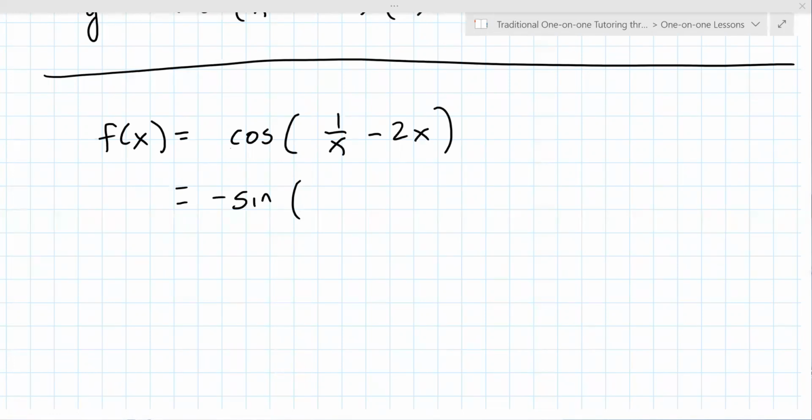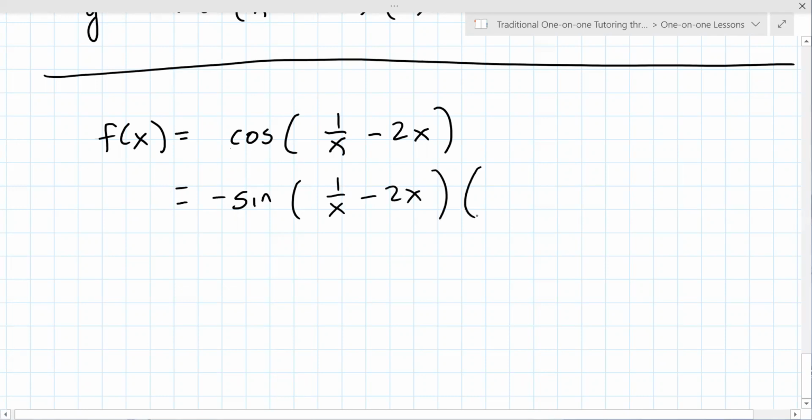Then you keep what's inside the parentheses. Then you open another parentheses. This is going to be negative x, right? Anything else? Yes, and negative 2.